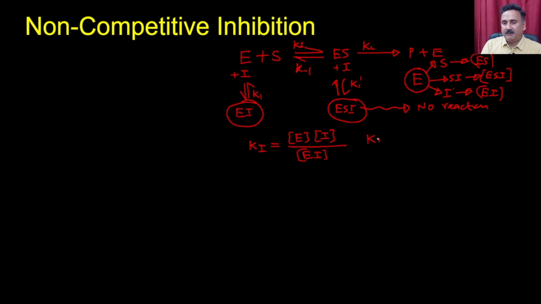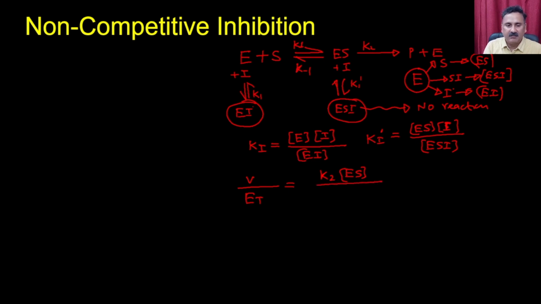And the Ki prime, which is for this, is the concentration of ES times I divided by the concentration of ESI. Again we write V by ET equals K2 times ES, divided by ET.